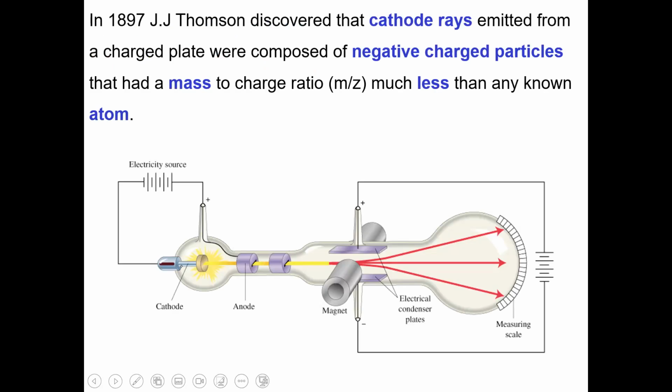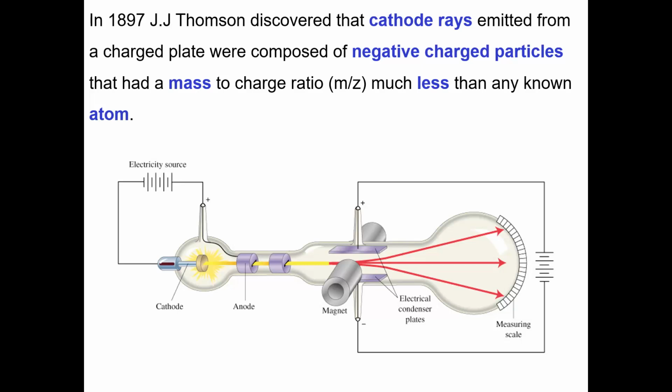The first important experiment that led to the discovery of some structure within the atom was performed by J.J. Thomson right around the beginning of the 20th century. J.J. Thomson was playing around with what were then known as cathode rays that are emitted from charged plates. Basically, you have a long glass tube out of which you had pumped almost all of the air.